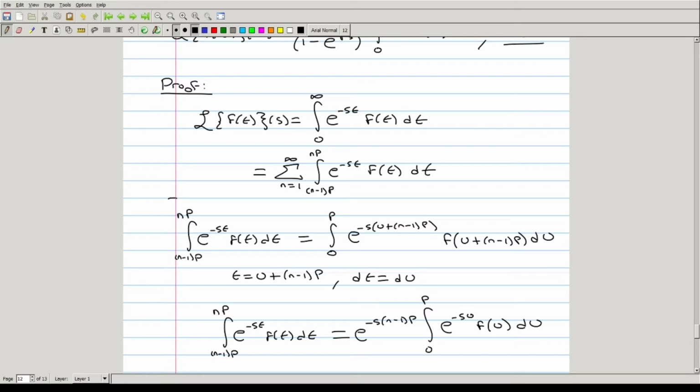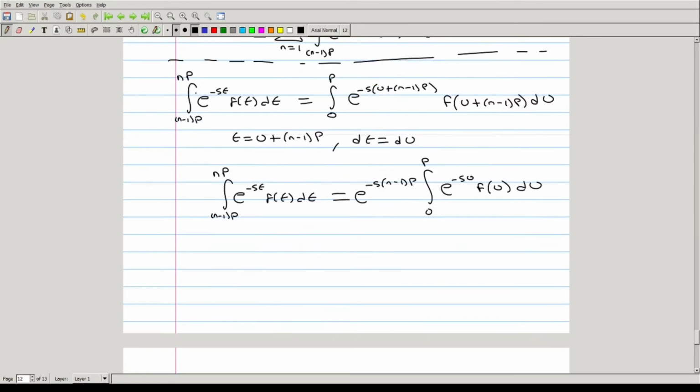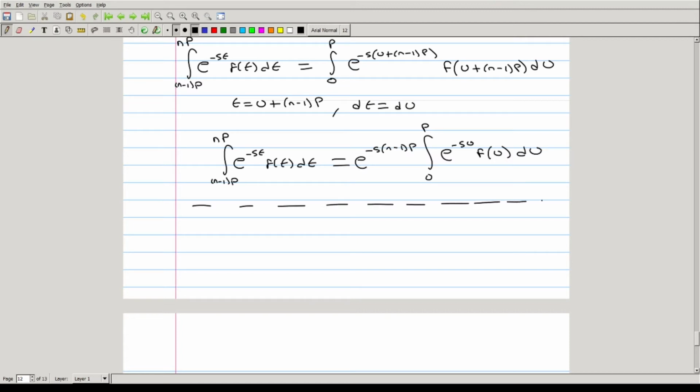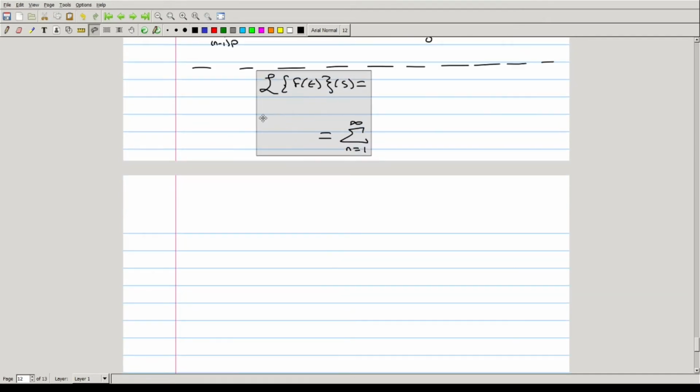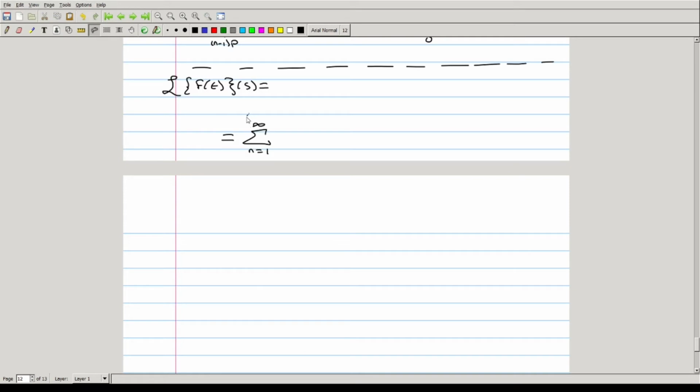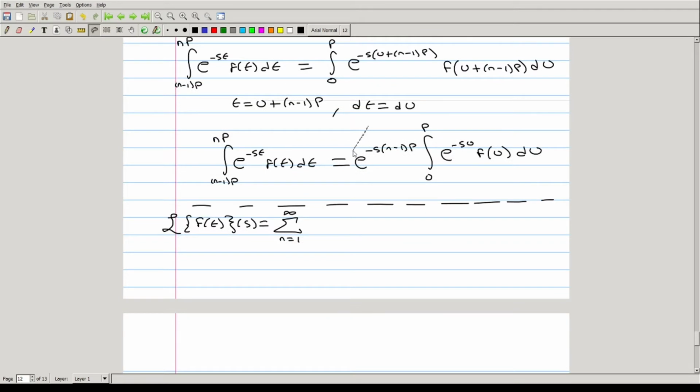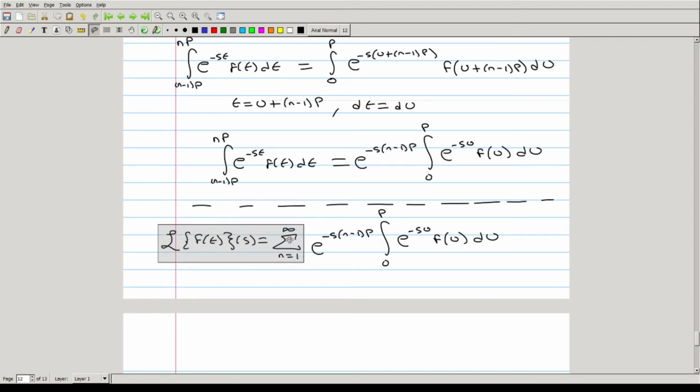And so the summation that we have here for the Laplace transform is equal to the infinite summation of terms of this form, where this doesn't depend on n at all.